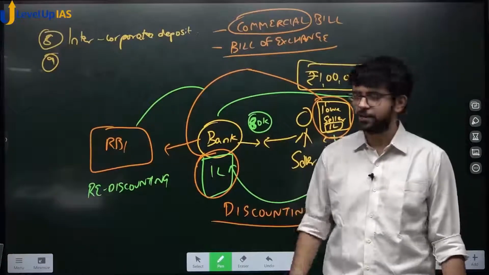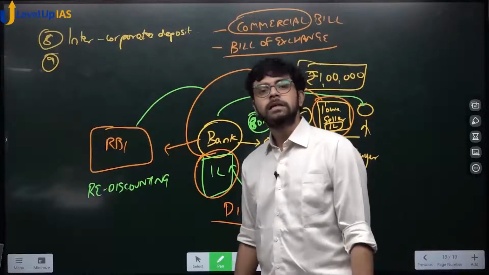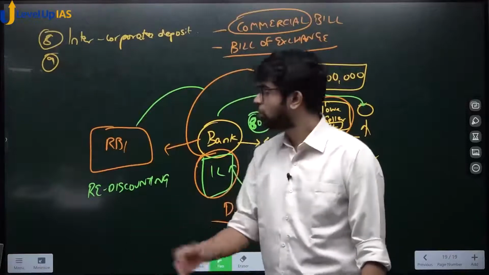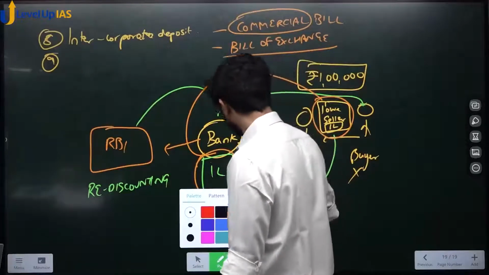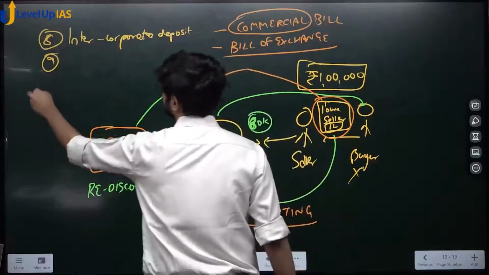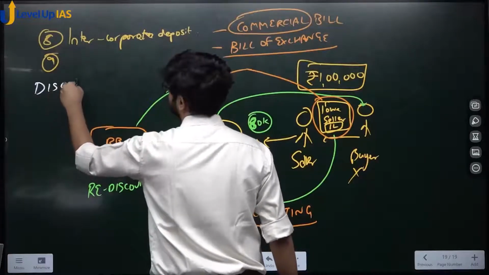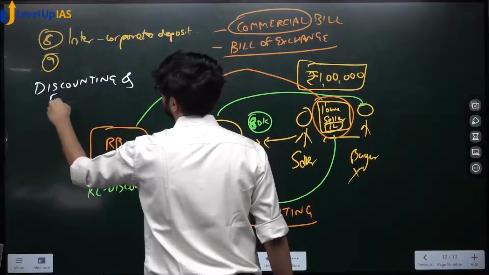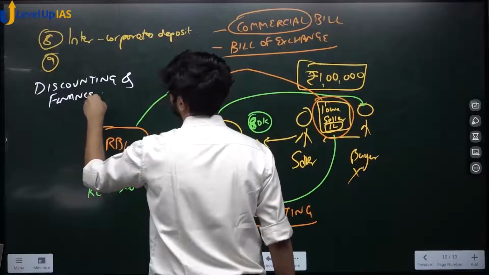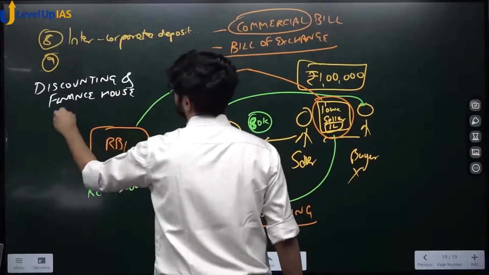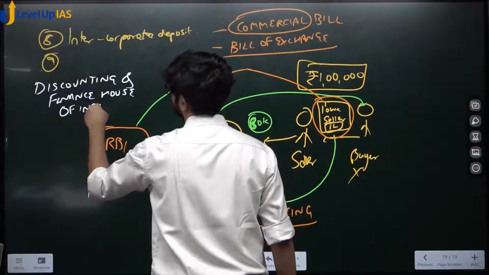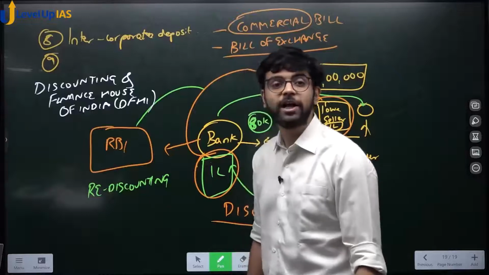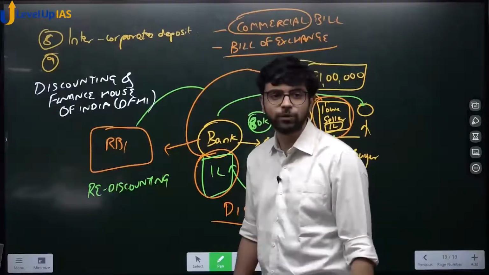Okay? That was not seen in the RBI topic because it is not that important. RBI has created a separate entity, a separate company called what? DFHI, Discounting and Financing House of India, or Discount and Finance House of India.